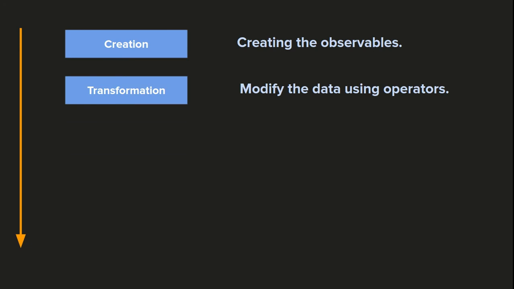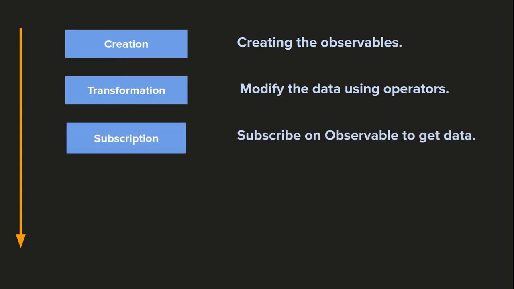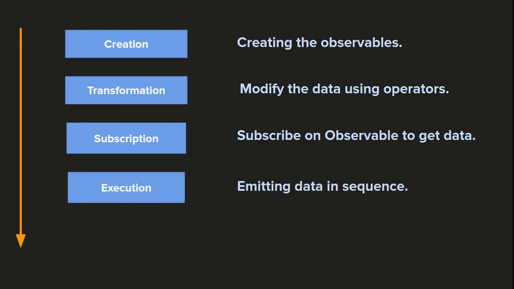After this stage, someone has to subscribe to that observable to consume the emitted and modified data. So in the subscription stage, the emitted and modified data will be consumed by someone. In our case, it will be the observer. So when you have the observable, operator and subscription, you will execute and emit the data in sequence. That stage is called execution.